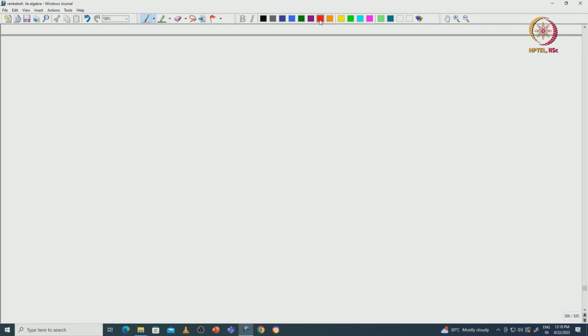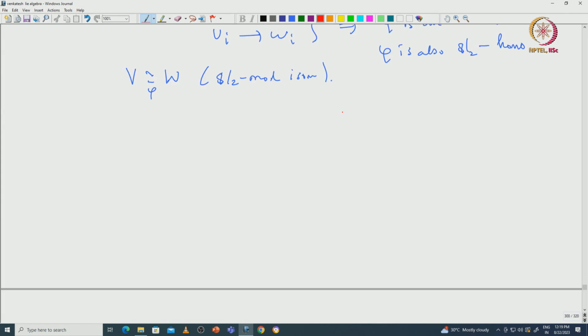Okay. So, to make our life easy, using this isomorphism, for D in G plus, whatever irreducible representation we are getting from D, we denote it by V D. Okay.